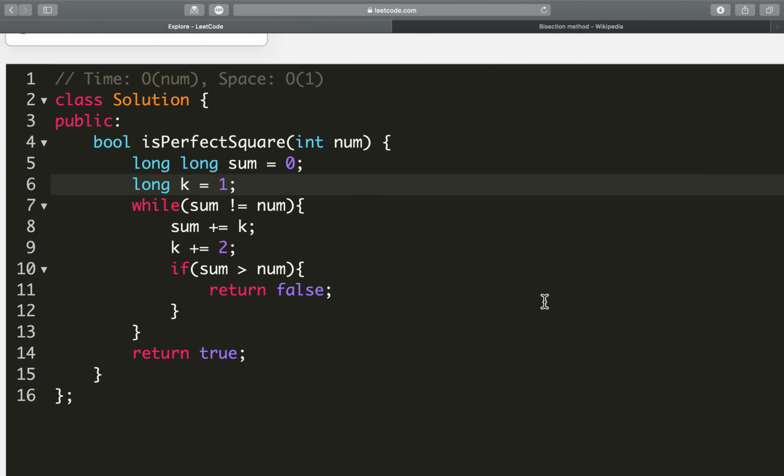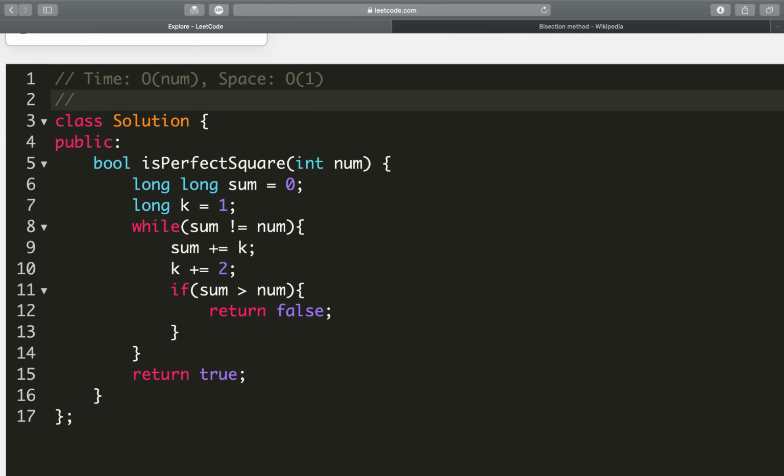So basically, this comes up with a very straightforward solution because we know that the sum of consecutive odd numbers will give us a perfect square number. So we can use this property to write the solution.